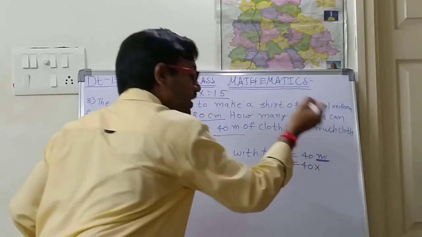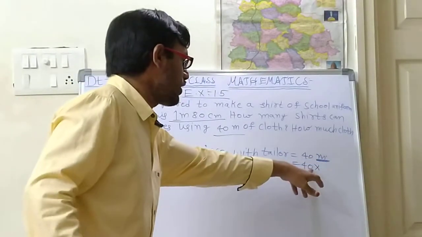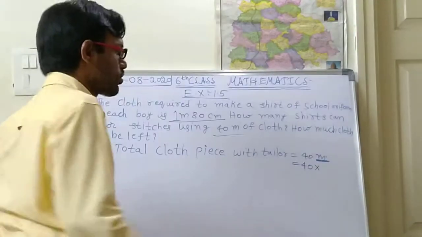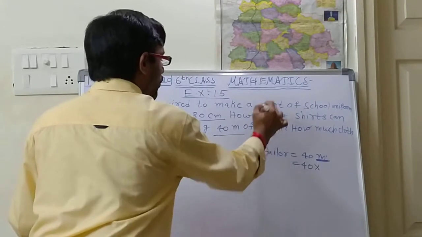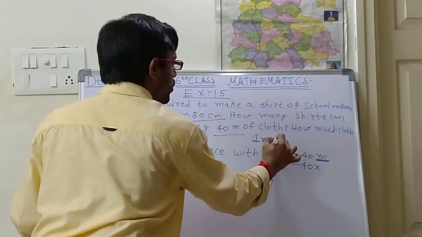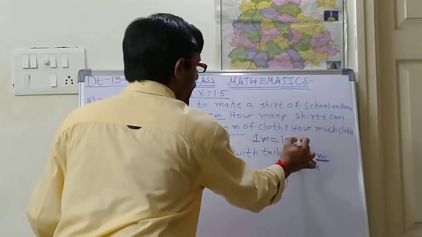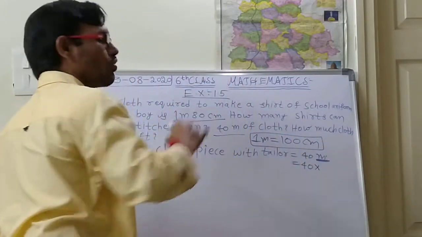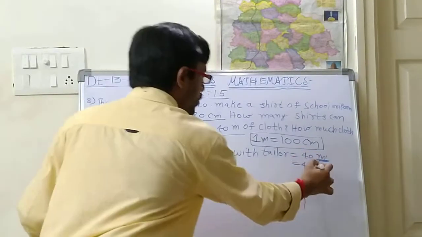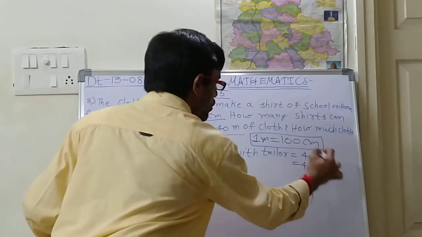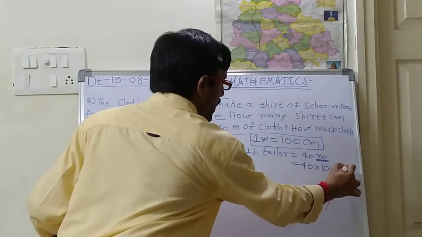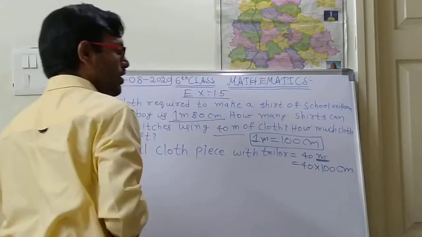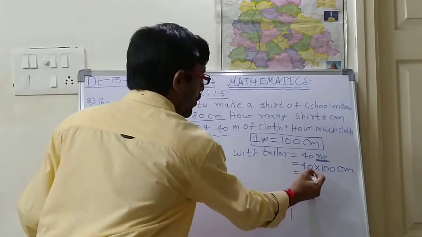I am converting meter into centimeters. What is 1 meter? 1 meter is equal to how many centimeters? 100 centimeters. This is the main formula to convert into centimeters. So 40 into 100 centimeters.